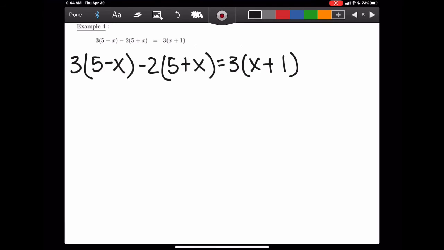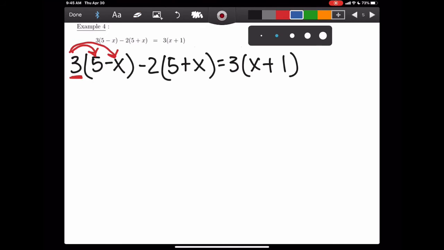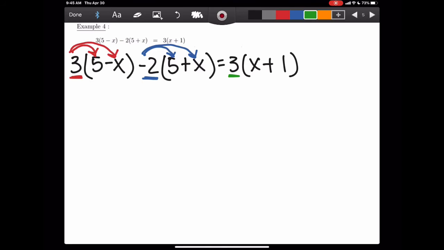Okay. You have to distribute. What that means is, on the outside of the parentheses, you must multiply that with everything on the inside. This must be multiplied by everything on this one. This one must be multiplied by everything in this one.